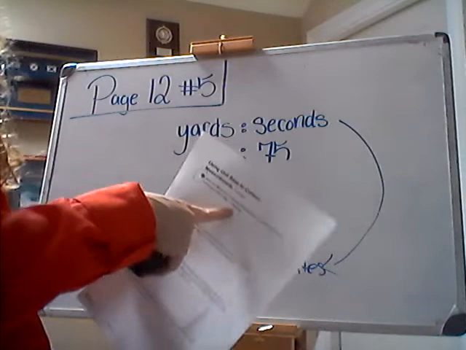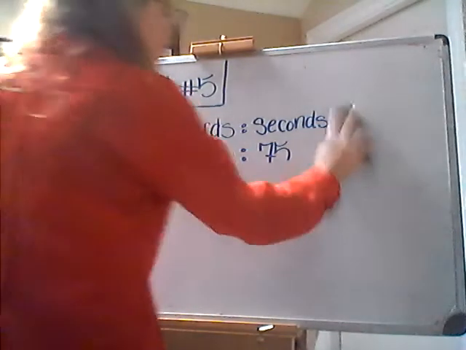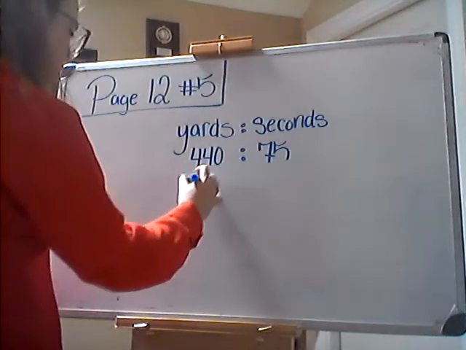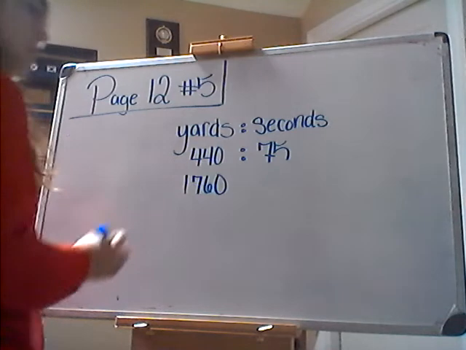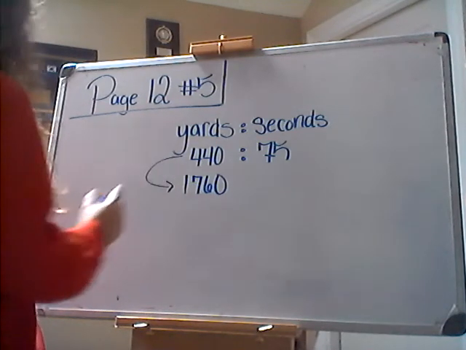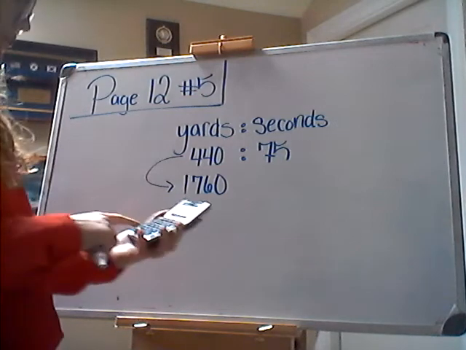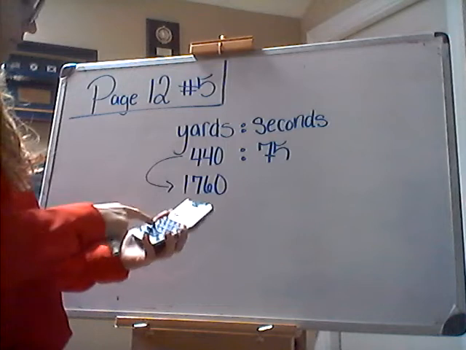1 mile is 1,760 yards. So all we have to do is write 1,760 yards. Figure out what we have to do to 440 to make it 1,760. We can do 1,760 divided by 440.